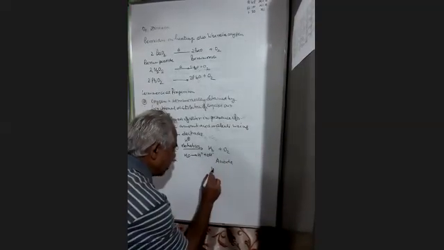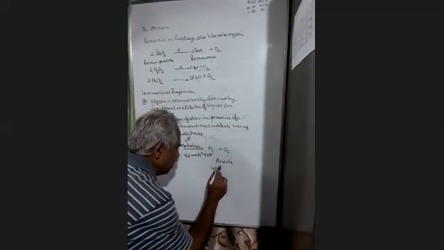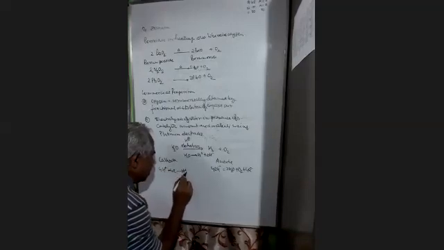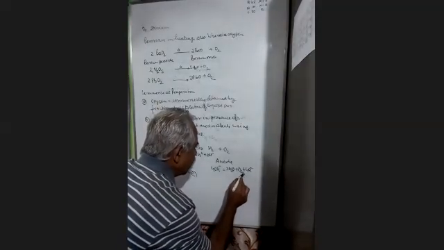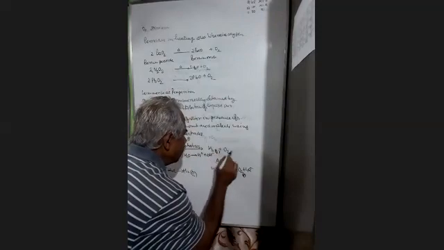So here I'll write 4OH, and here I'll write 4H plus 4 electrons give you hydrogen. So it is not costly.